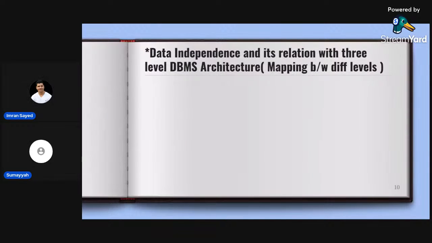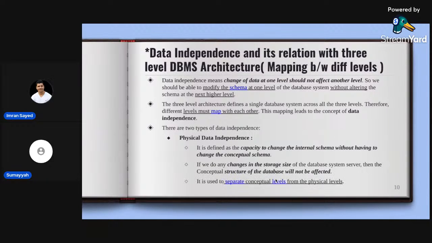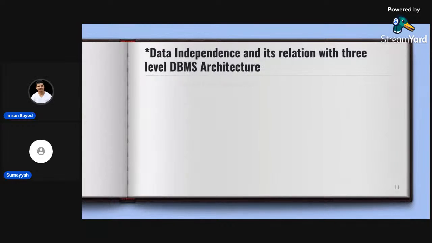So it separates one level from another, right? Yeah, so it separates the physical level from the conceptual level. Okay, cool. And then what about the logical?